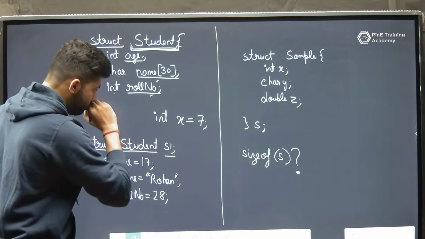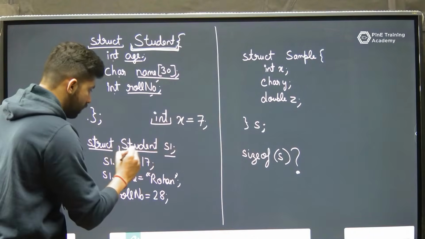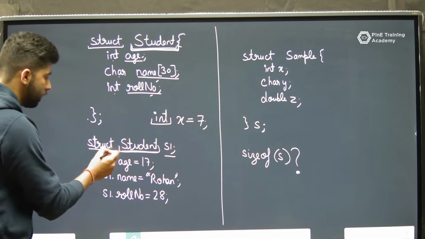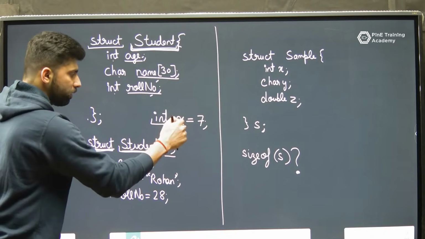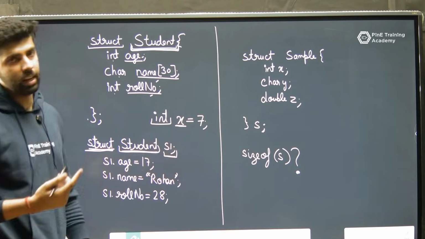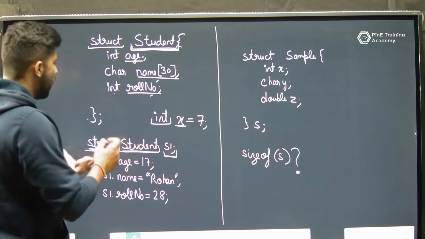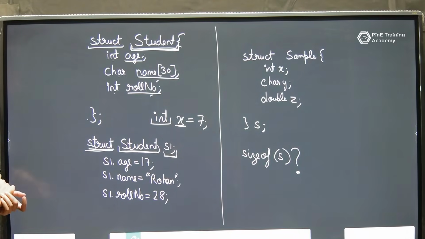Here, sorry, int is the name of the data type. Here, student is the name of the data type, which is created using this struct, and this s1 is the name of the variable. Okay, so this is how we create a variable for our structure.